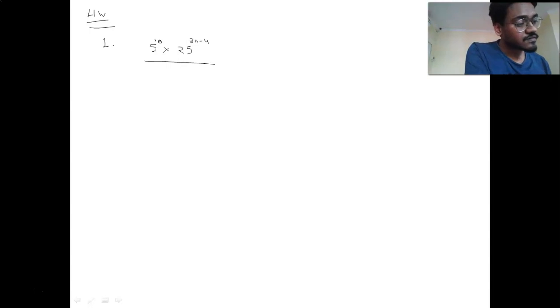In the homework part, you have to simplify this. 5 raised to the power 10 plus n into 25 raised to the power 3n minus 4, and in the denominator it is 5 raised to the power 7n.